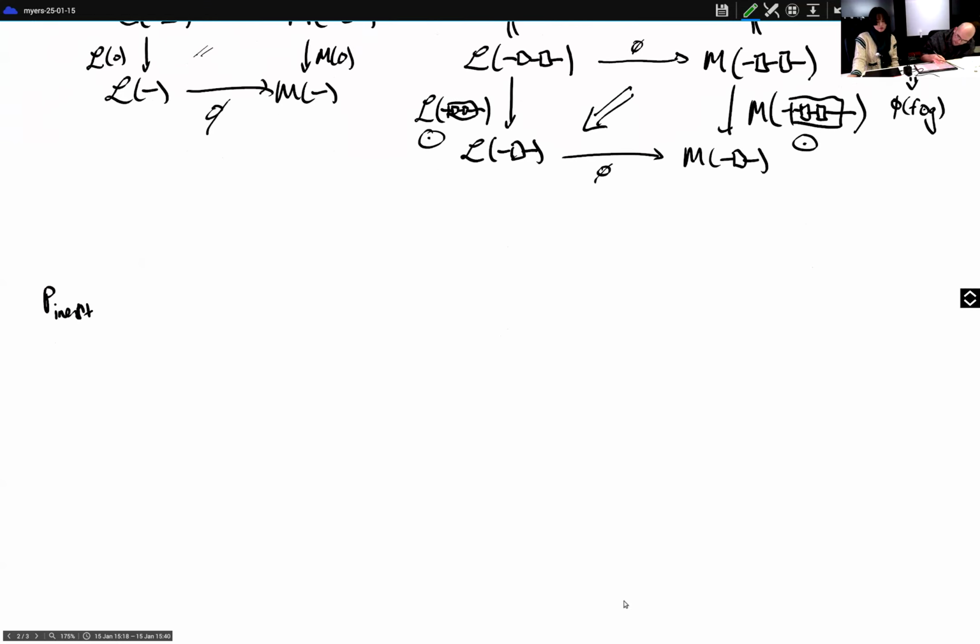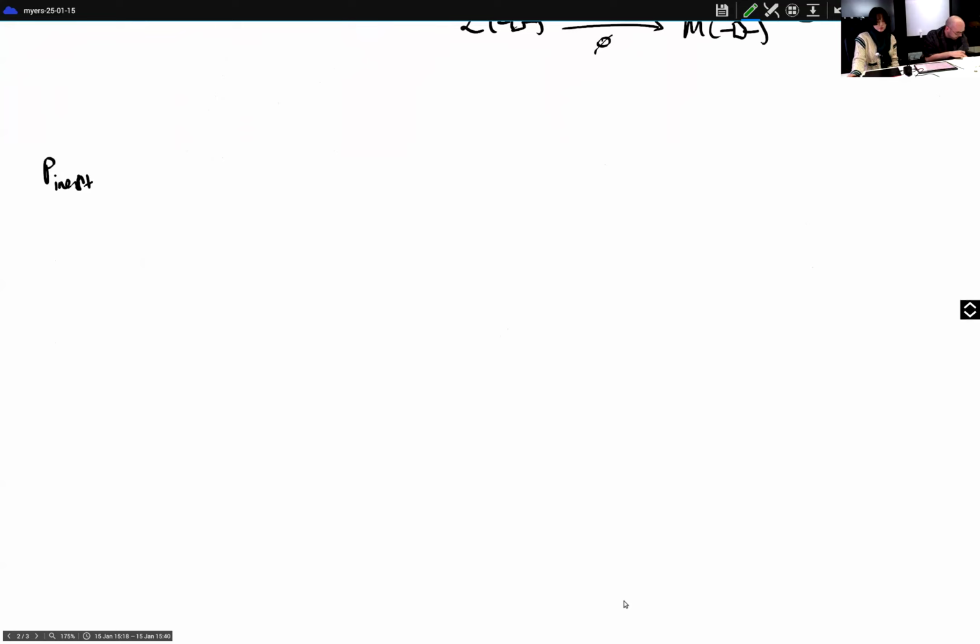And this here is diagrams of this form, P inert.